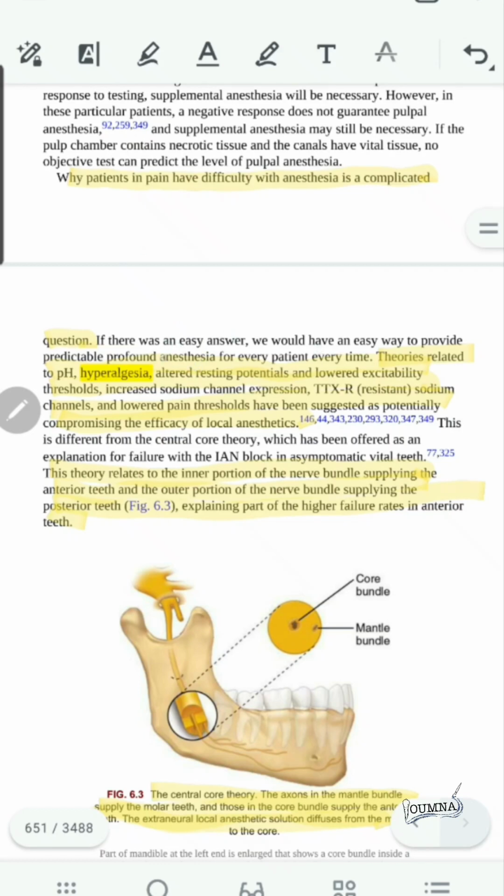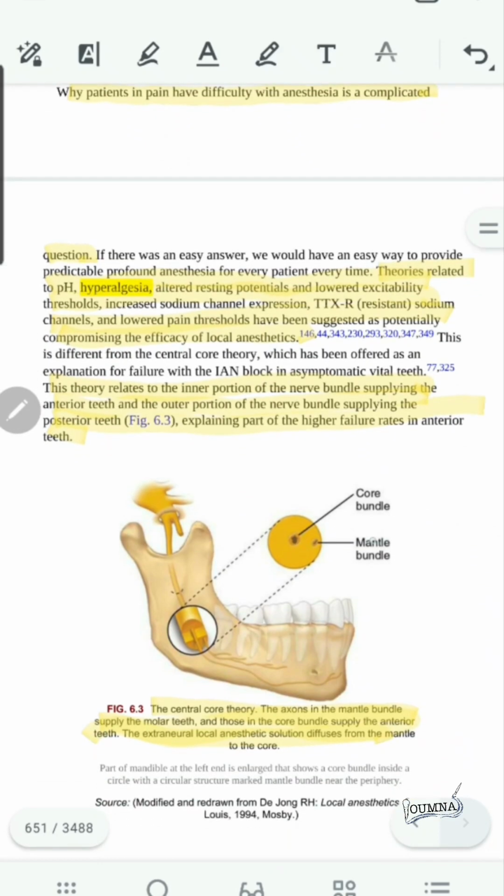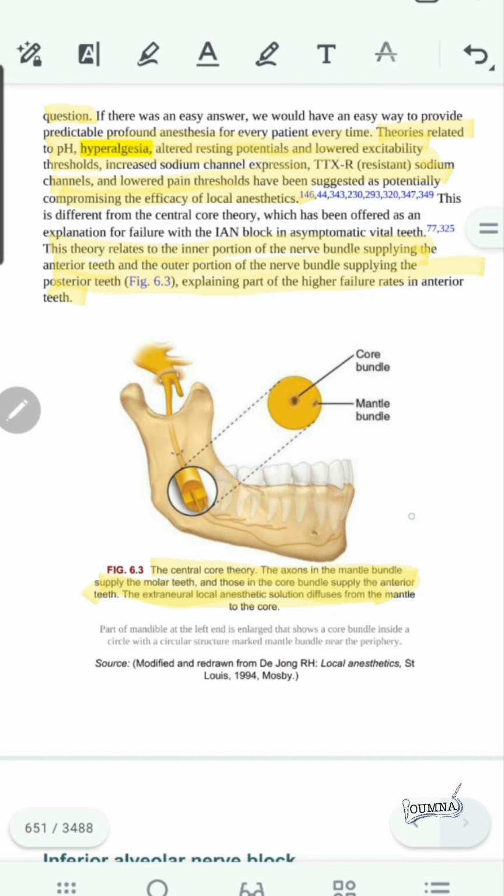Also, the inflammation alters the threshold of the pain and lowers it, and increases the excitability of the nerve, which causes the pain.